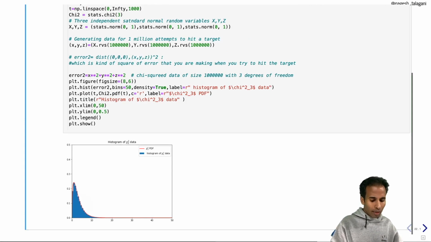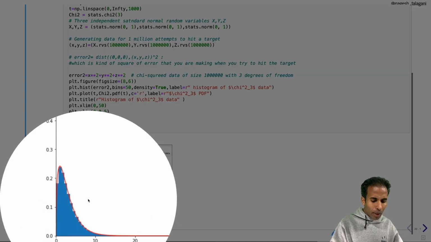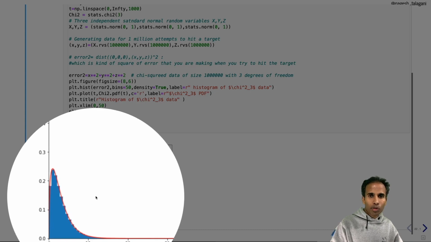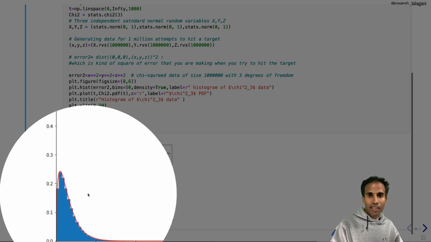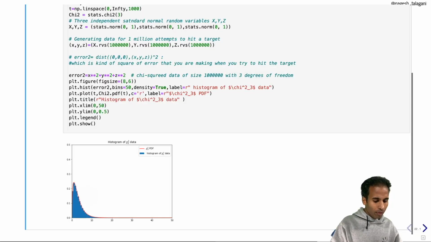As you can see here, the red curve is the PDF of the chi-square distribution with 3 degrees of freedom. The histogram we plotted here is from the million data points that we got as the errors that we make in a million hits. Okay, fine.